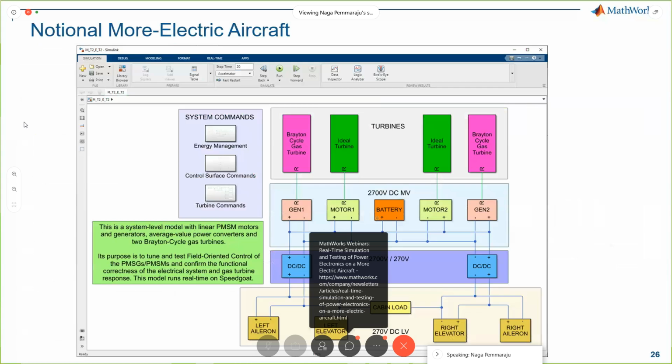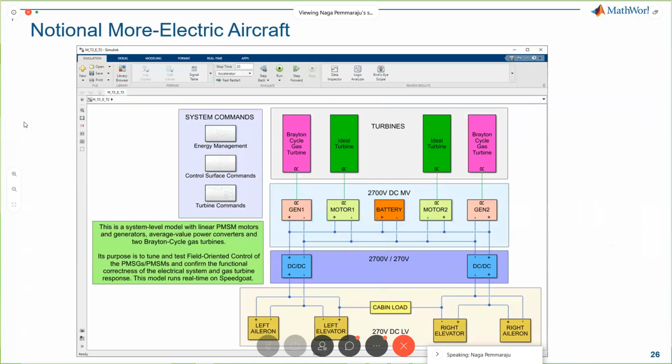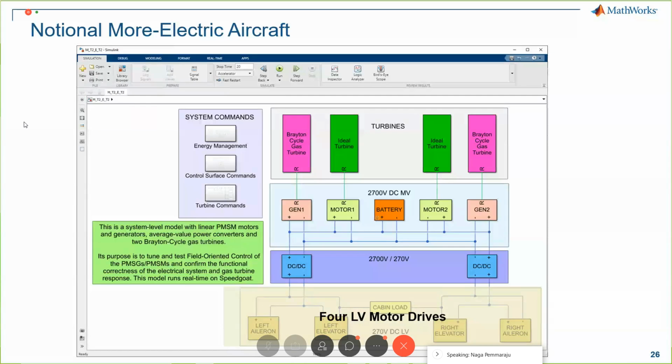Okay. Then, since we're talking about the electric aircraft, this is how a notional more electric aircraft looks. You can see various levels here of subsystems. At the bottommost, we are talking about the four LV motor drives, which can be considered as a load acting on our system here.